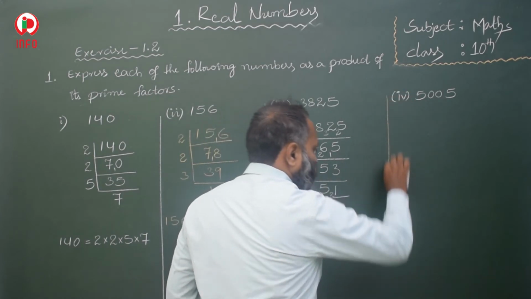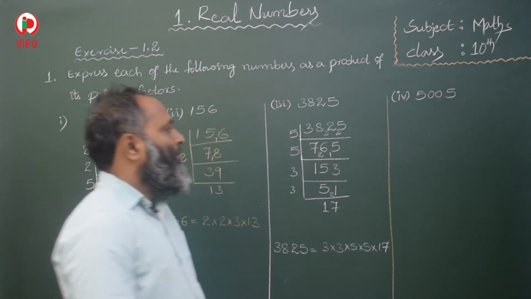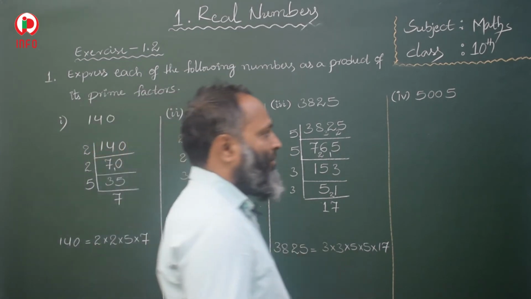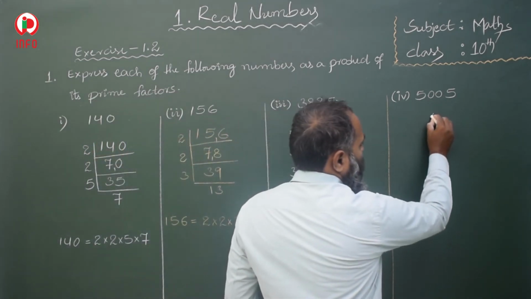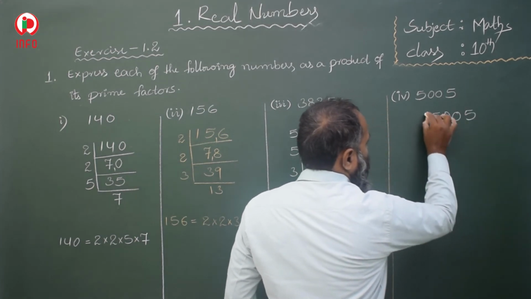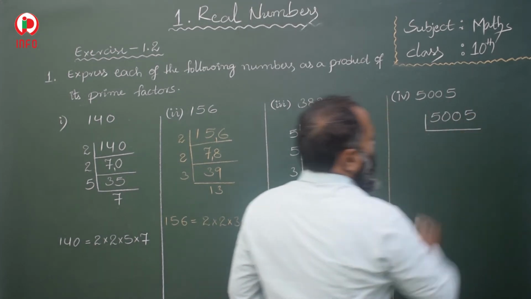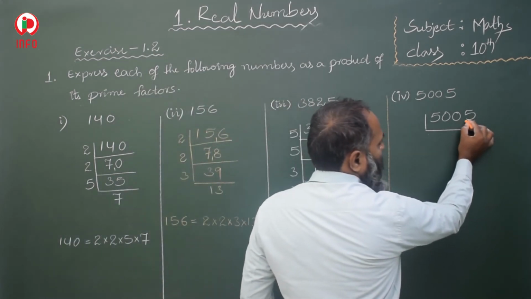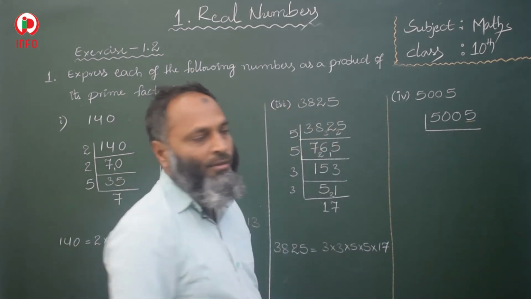Okay. Then after that, 5005. We have to write 5005 as a product of prime factors. 5005 has 5 in the ones place. 5 means it is divided by 5.